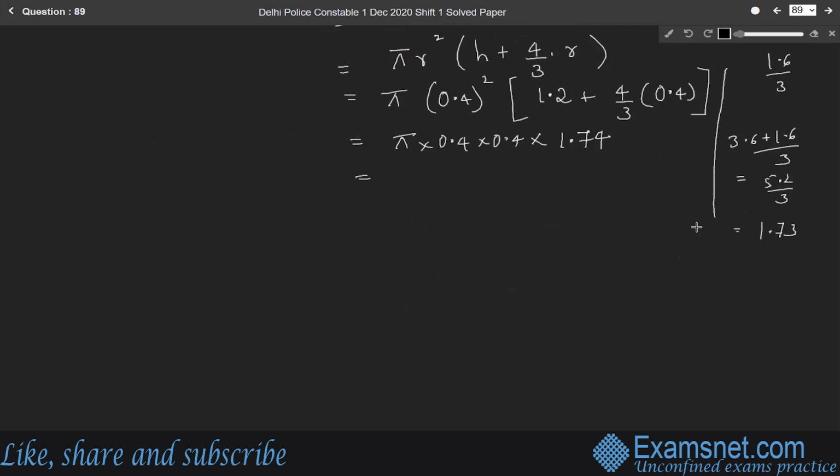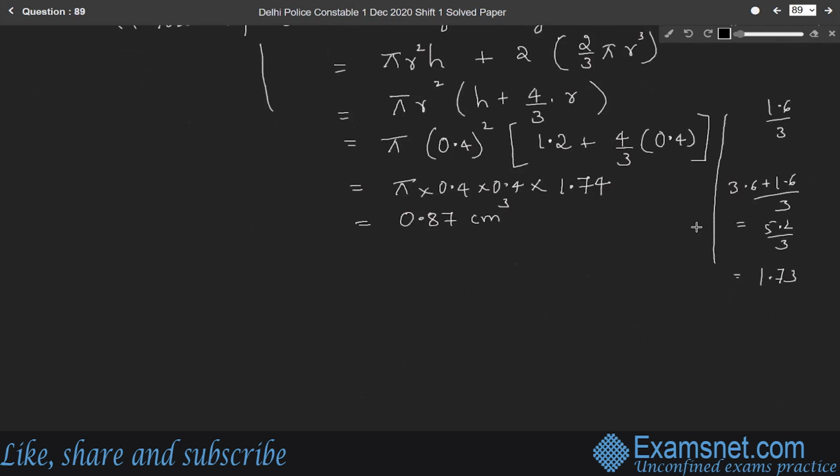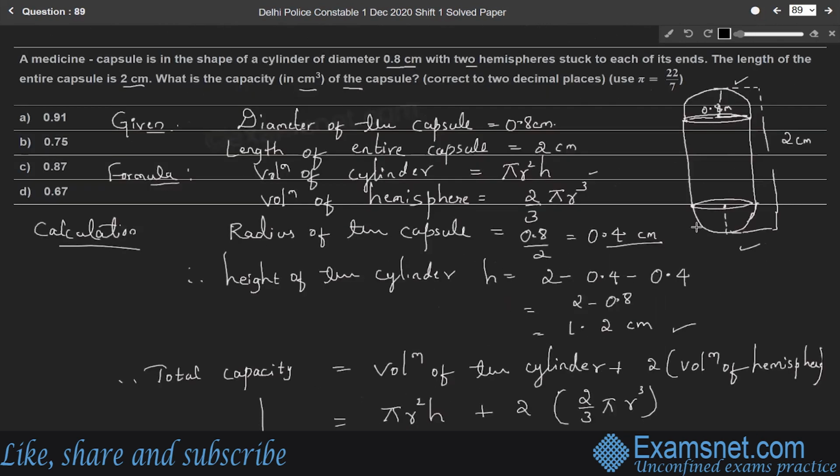So this gives the value 0.87 centimeter cube. So 0.87 centimeter cube is the total capacity of the capsule. Hence, option C is the right answer.